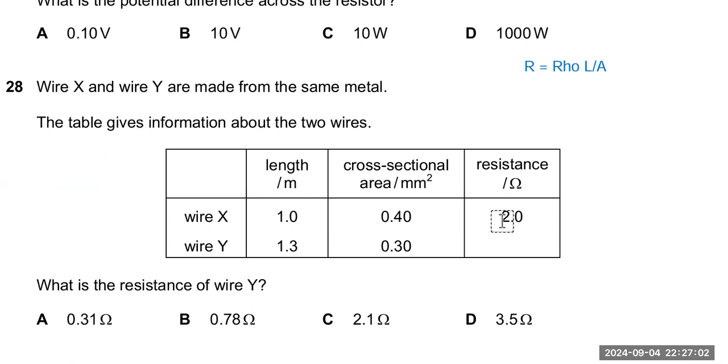Okay, now put in the values. The value of R1 is 2 ohm, cross sectional area is 0.4, and length is 1.